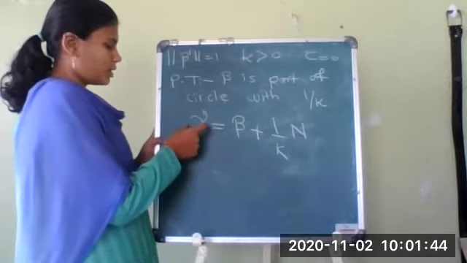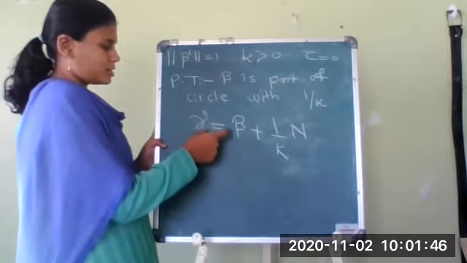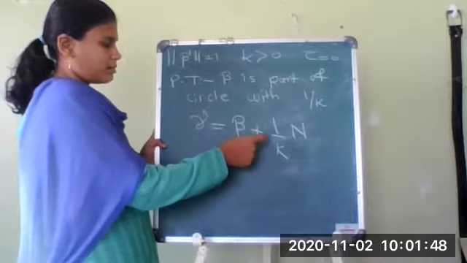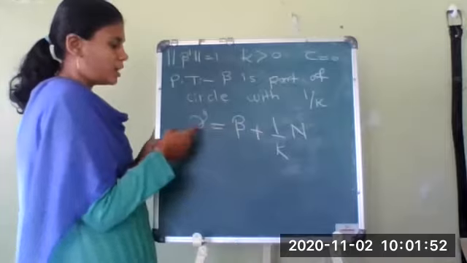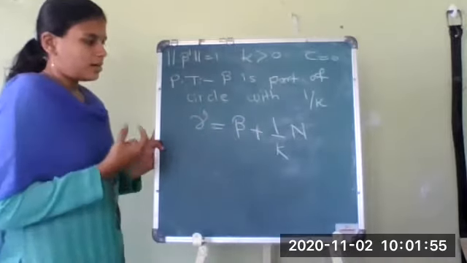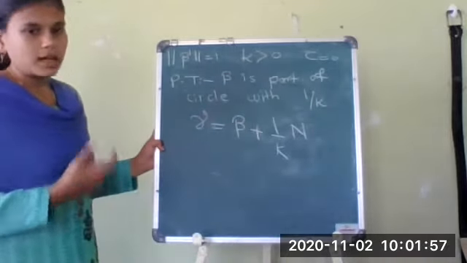If we prove that gamma is equal to some constant c, then c minus beta will be equal to 1 upon k times n. If you take the norm on both sides, the norm of n is equal to 1. So this will be a very easy function to prove our result.